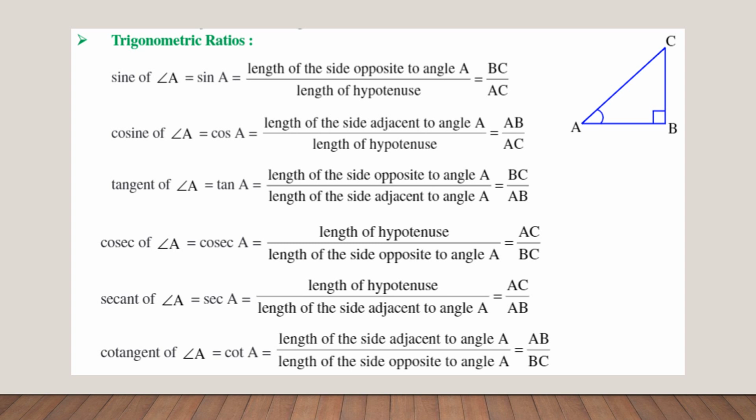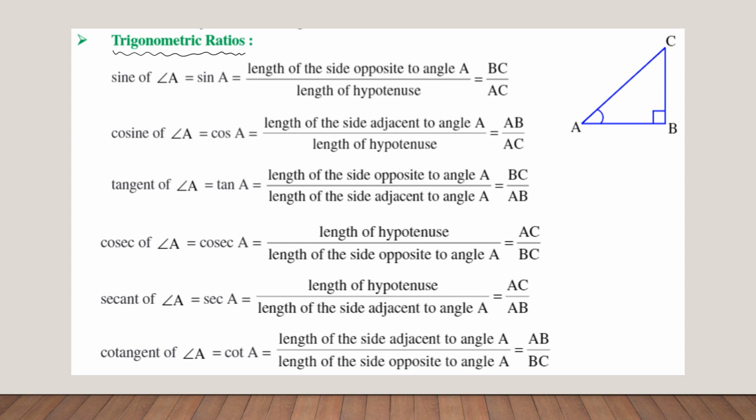Right, so in exercise 1, the complete thing depends on the trigonometric ratios. These trigonometric ratios are nothing but the relation between angle and the sides. In these ratios, we are going to have one particular angle.